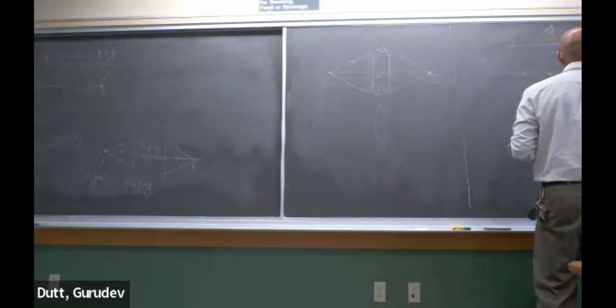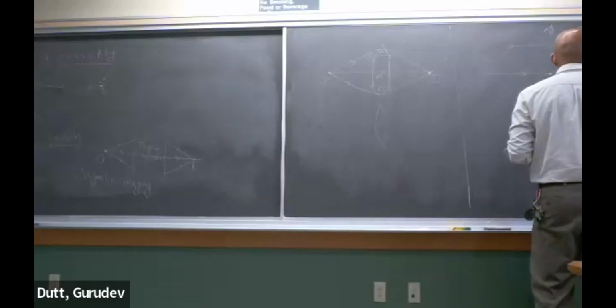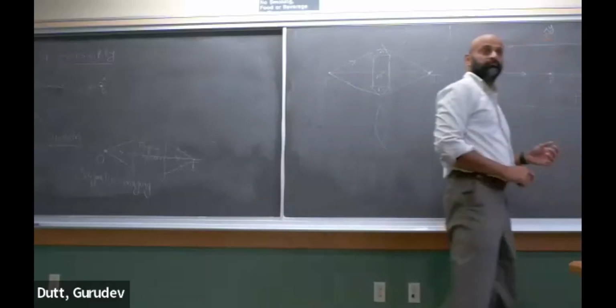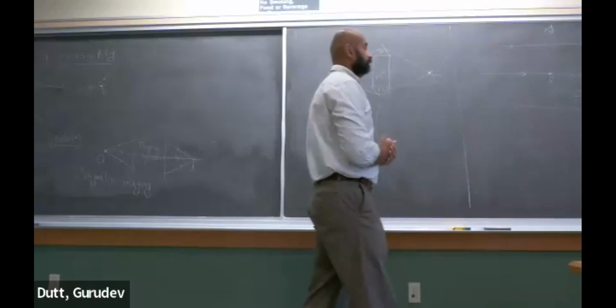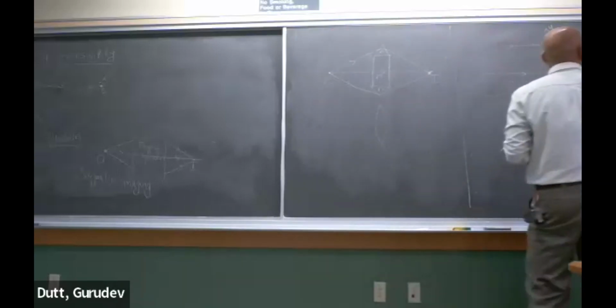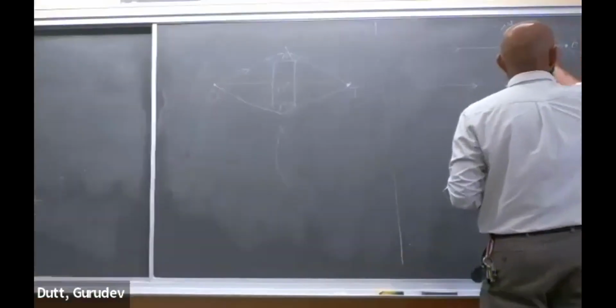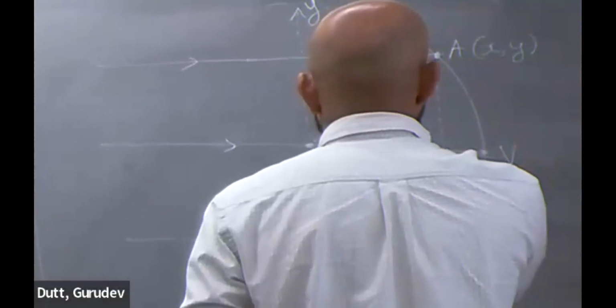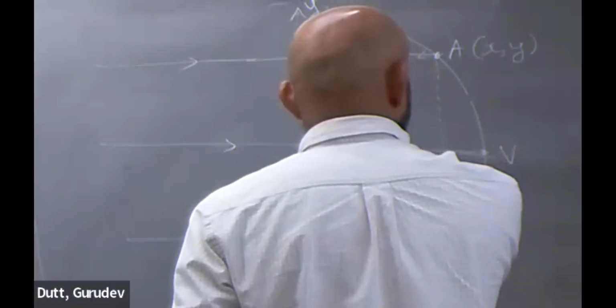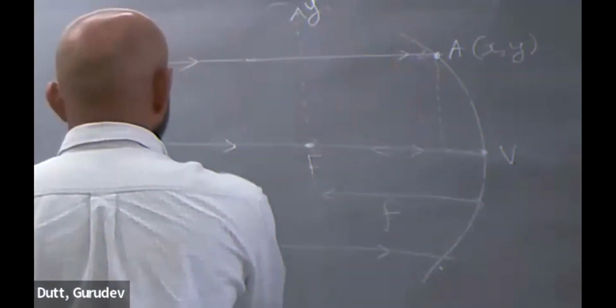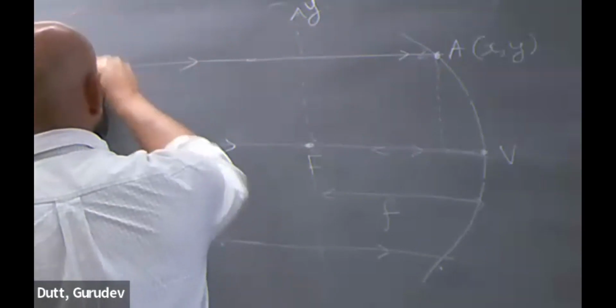And I'm going to call the distance from F to V the focal distance, which is f. Now we can see that this ray over here takes a distance f and then back here f. So let's call this ray 1 and this is ray 2.